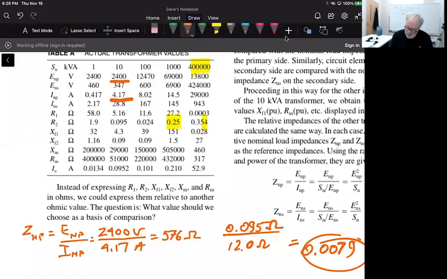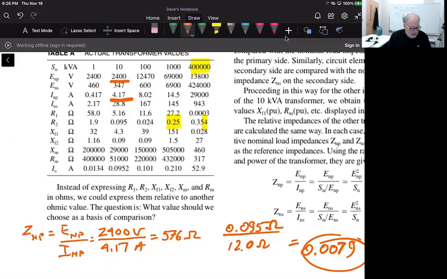Okay, so I rewrote with the values so we could go through this. I know that was getting kind of confusing. So the nominal load impedance on the primary side is ENP, 2400, divided by IMP, and I get 576 ohms. Okay, so that's the nominal load impedance.